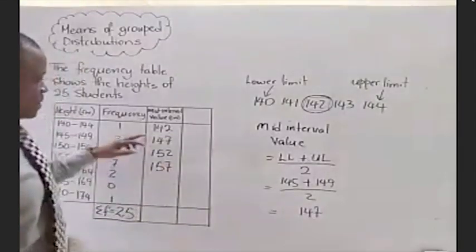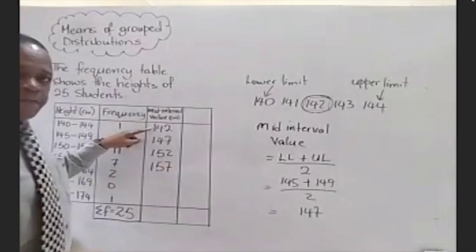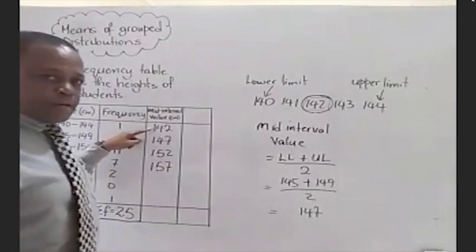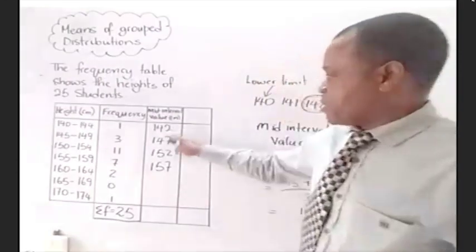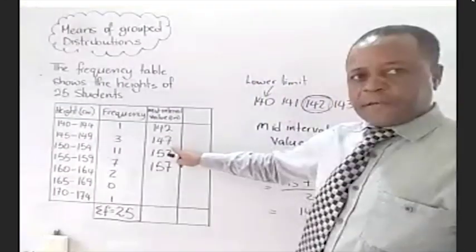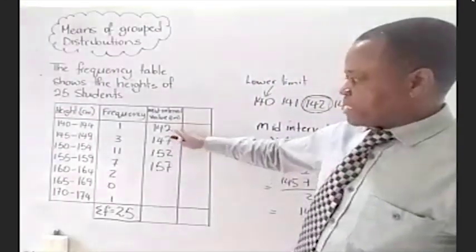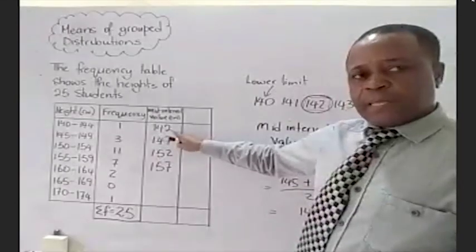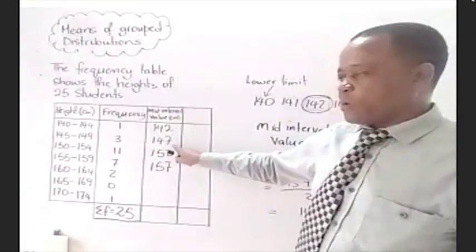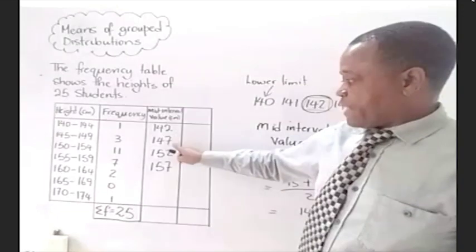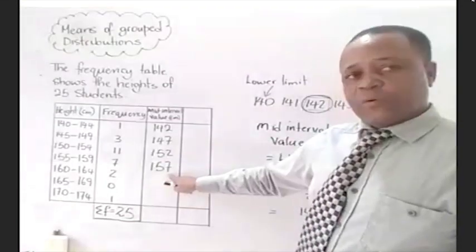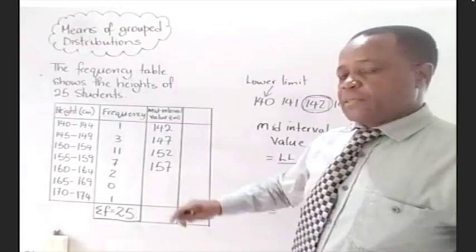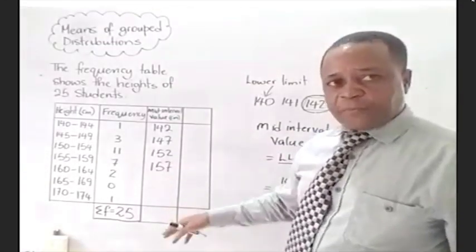Now, how do I know that without doing my calculation? When I worked out my first mid-interval value, I realized that it is 142. The second one would have been 147. All I did was add 5 to 142, which gives me 147. 5 to 147 would have given me 152. I add 5 more, that would be 157, and I keep on going like that.